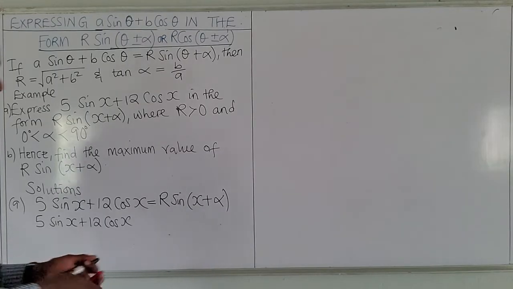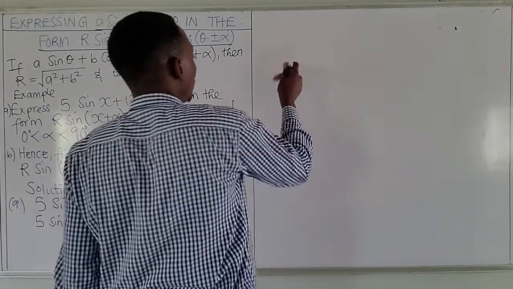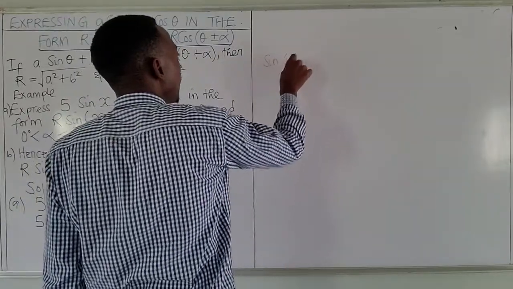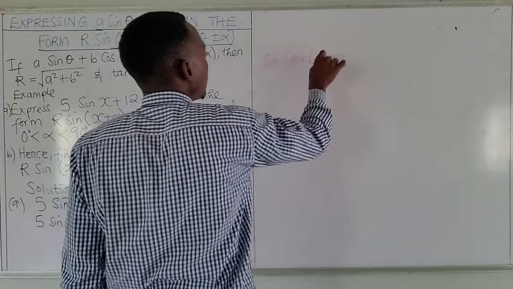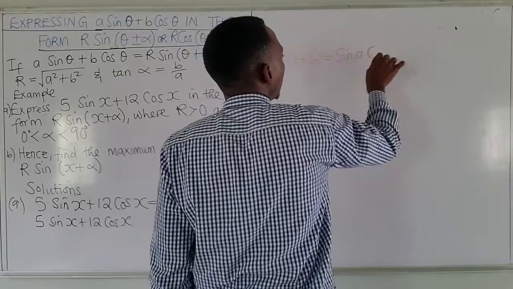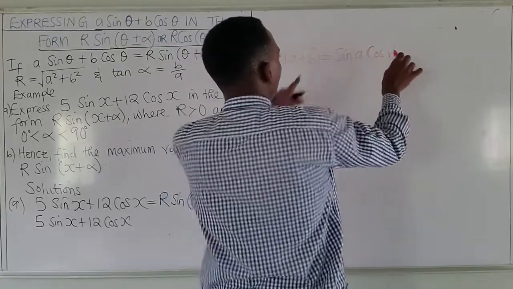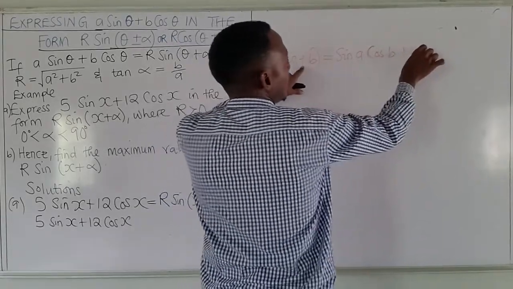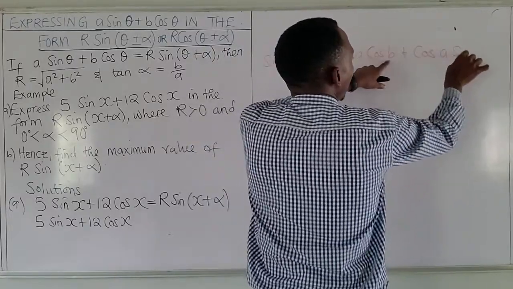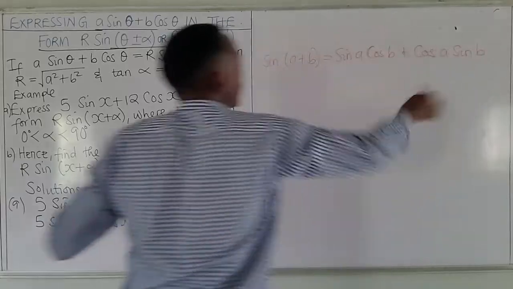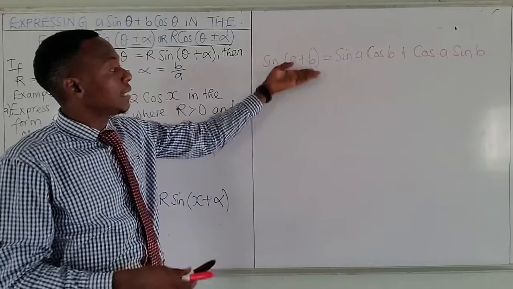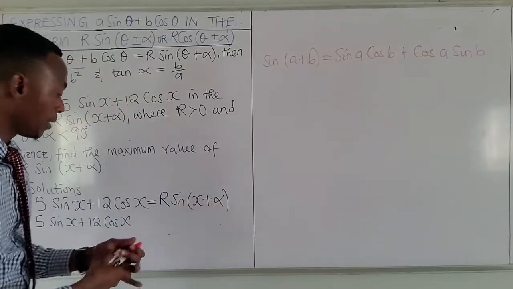The compound angle formula is an identity where sine of A plus B is written as sine A cos B plus cos A sine B. We are going to apply this identity to work out this problem.